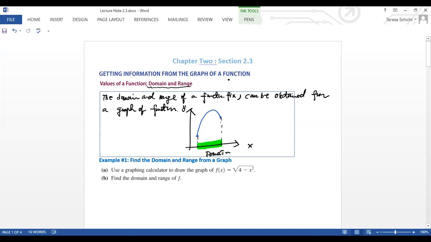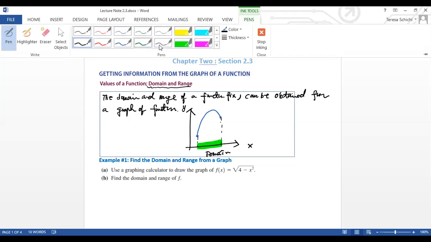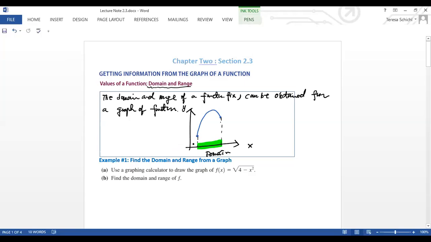Then the range is the y values. You need to look at what is the smallest y value and what is the largest y value, because the graph does stop here. So you know the y values start here, and the range covers from the smallest y value to the largest y value.